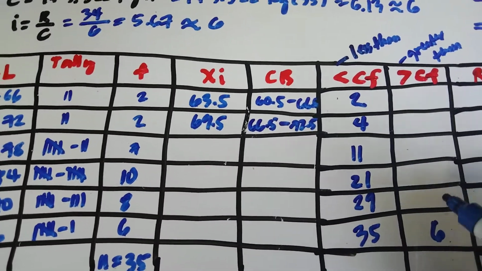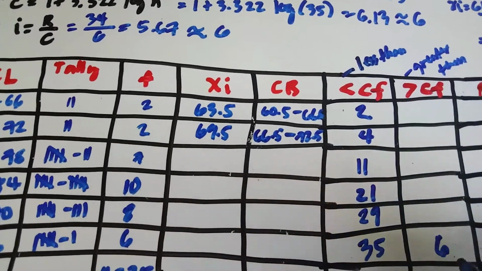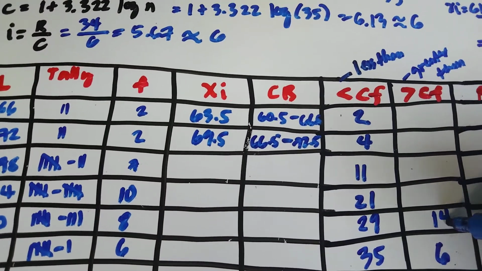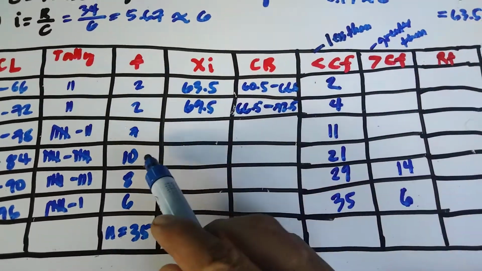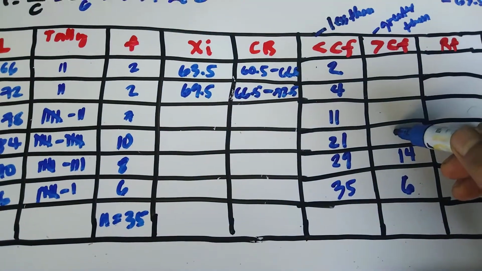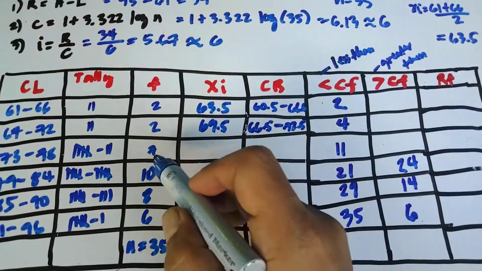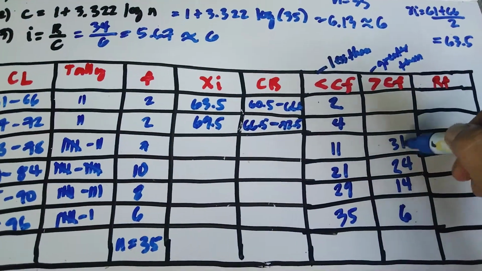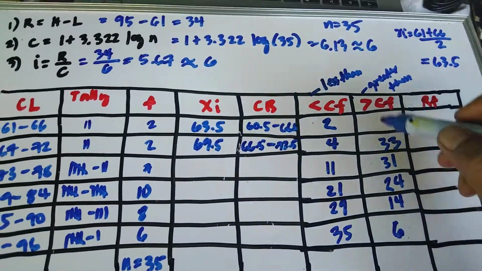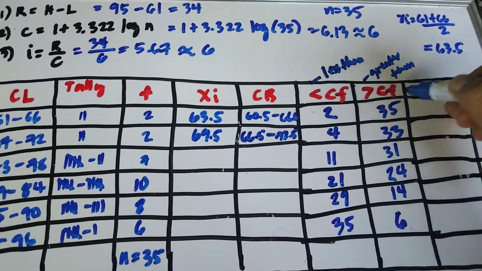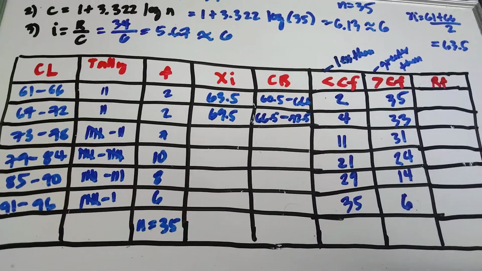Then we add 6 to the next frequency: 6 plus 8, you have 14. 14 plus 10, 24. 24 plus 7, you have 31. 31 plus 2, you have 33. 33 plus 2, you have 35.